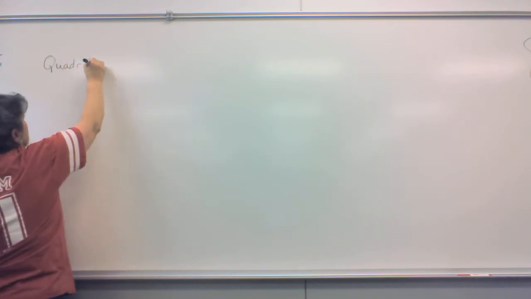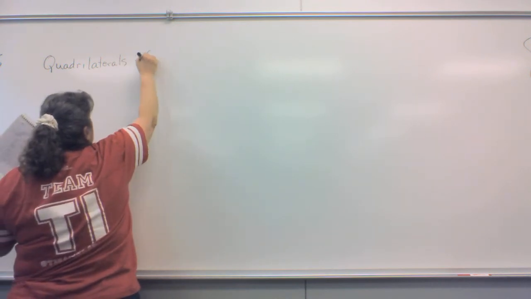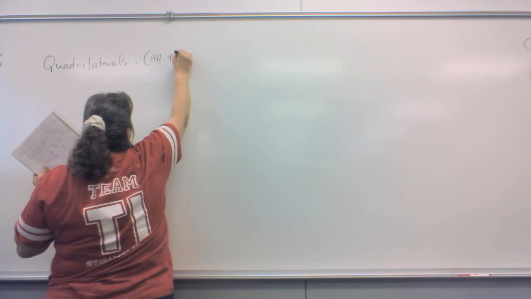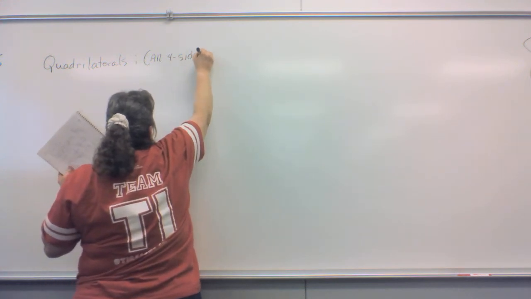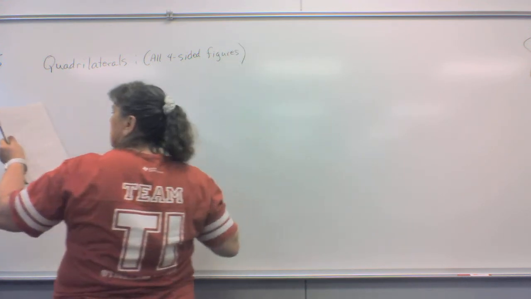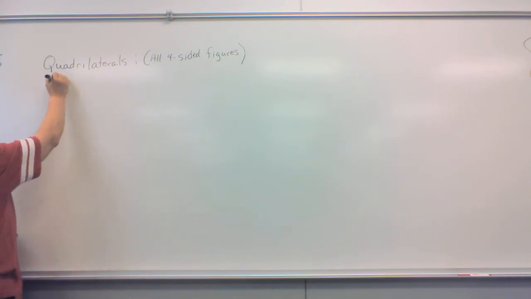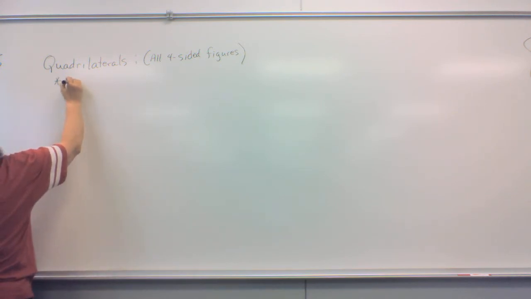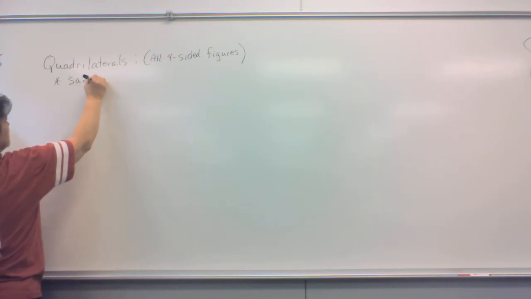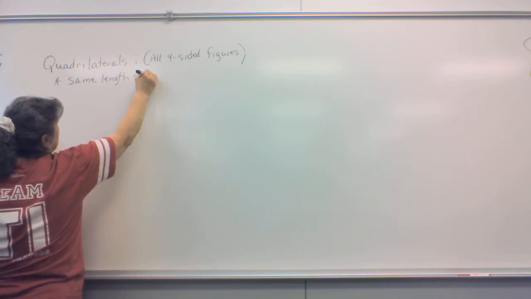It's our general term for all 4-sided figures. But we have a lot of other names for 4-sided figures because we have different things that determine what gives them the names that they have. One of the things that will give the name is same length sides. That's a determining factor in naming a quadrilateral.